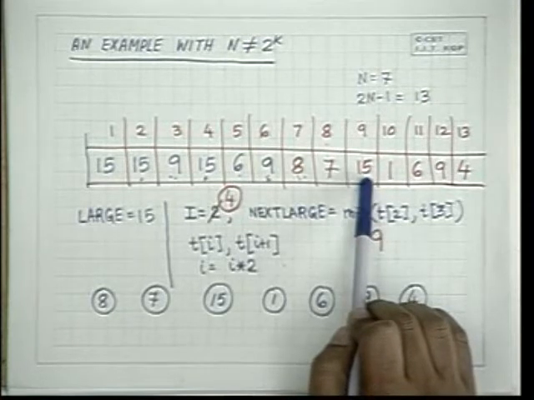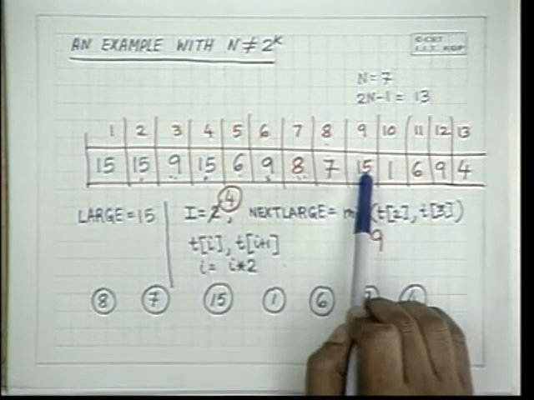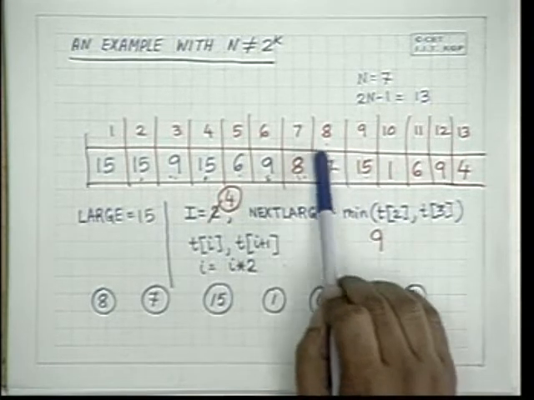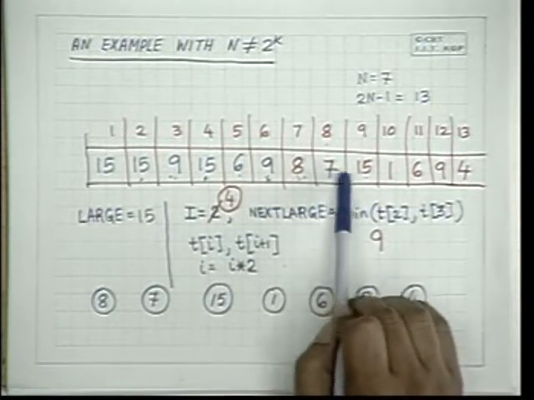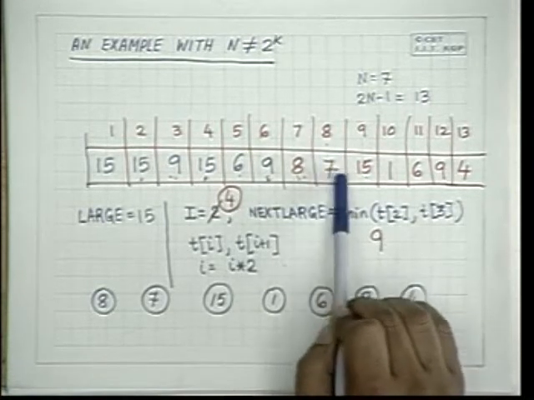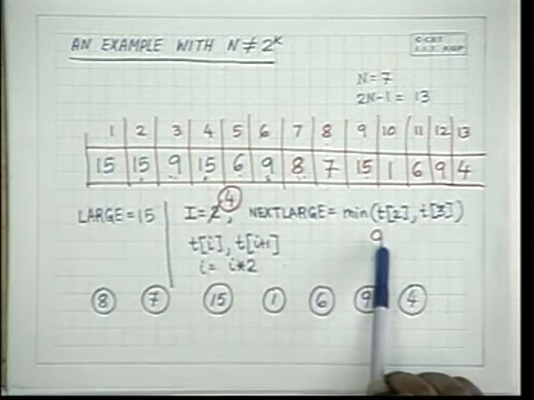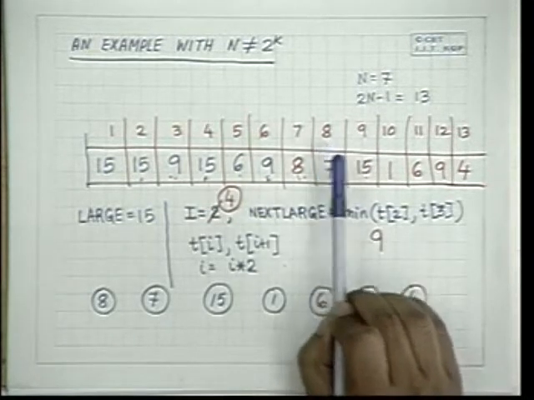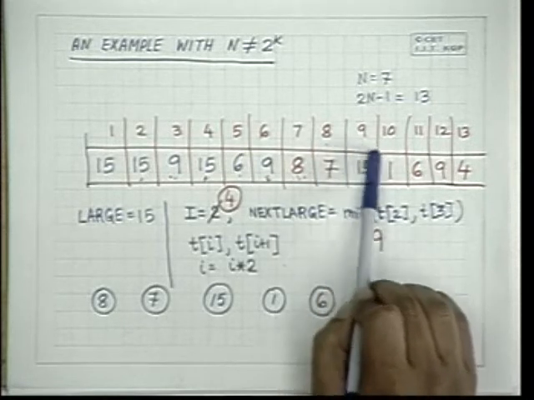So again we find the larger one, and we find the element which lost to it, that is 7. Since this element lost to it, it is compared with the tentative second largest, and this tentative second largest remains 9. Again the larger of the two is 15.